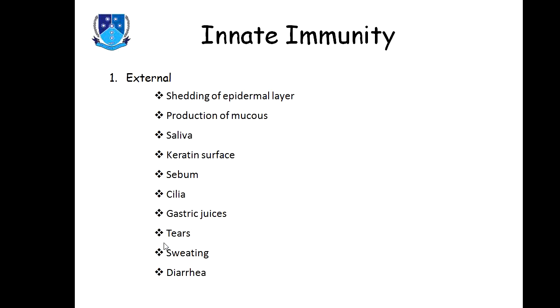So an example of external immunity is the shedding of the epidermal layer. It's also a type of immunity, because if an external foreign matter gets attached to the epidermal layer, to the stratum corneum, the outermost layer of epidermis, this stratum corneum will eventually shed off from the skin.